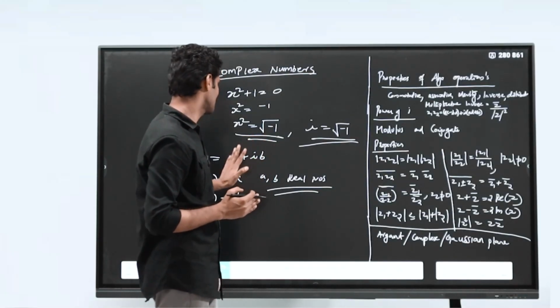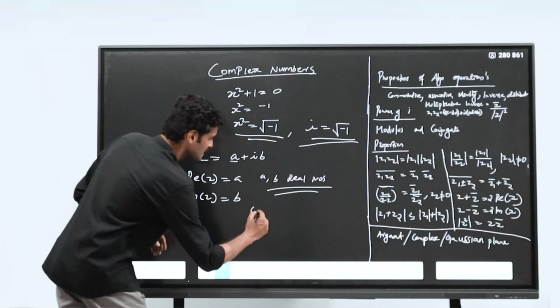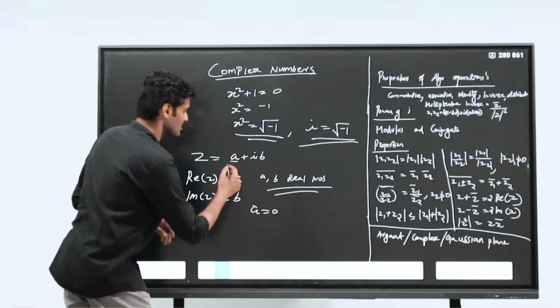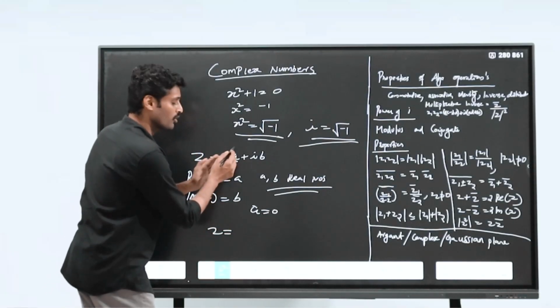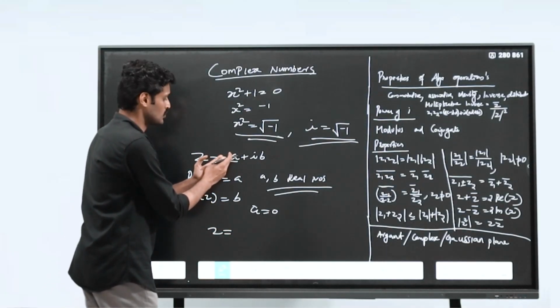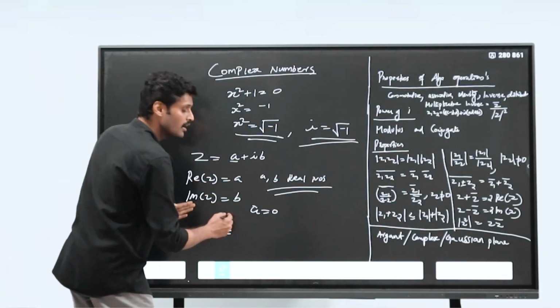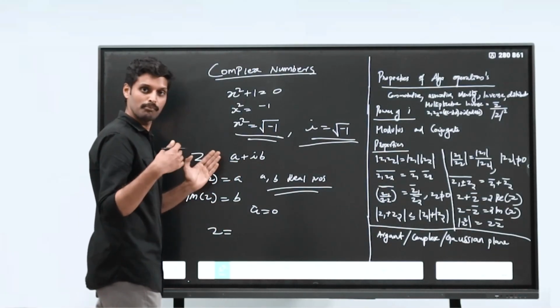If a is 0, that means this complex number doesn't have the real part. Such a complex number is known as purely imaginary.